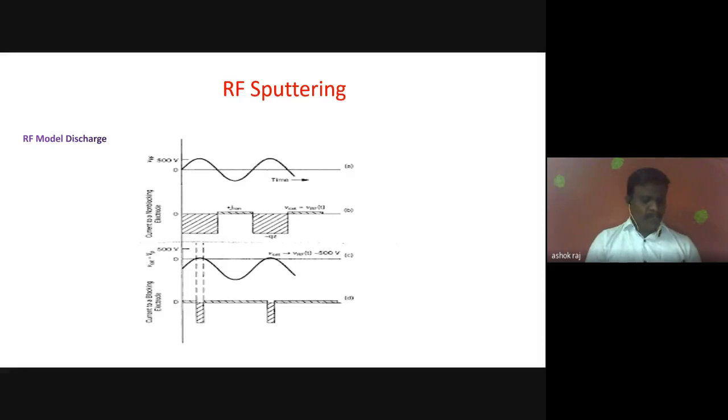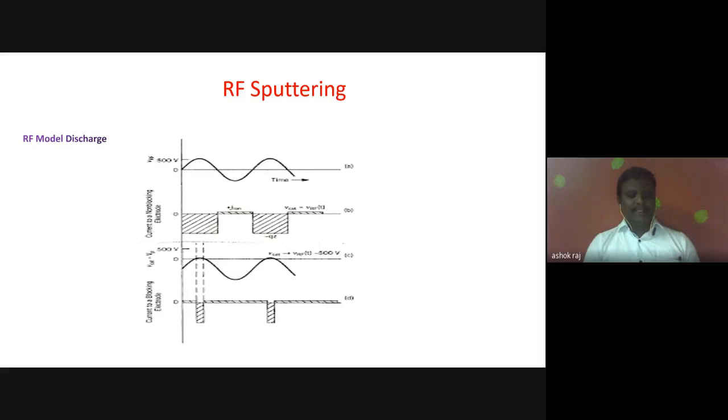So we assume the amplitude of the radio frequency voltage is of the order of 500 volts, which is shown at point A, and point B shows the current that would flow to the target. The net current averaged over the period is not equal to 0.